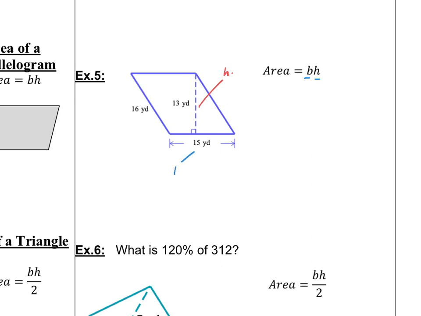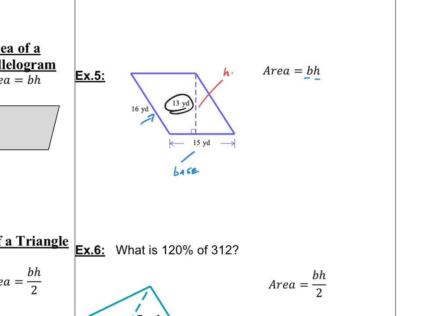This is the base. This side over here is just the side. You need it when you calculate the perimeter, but you don't need it for the area. You need the height only when you're calculating the area.